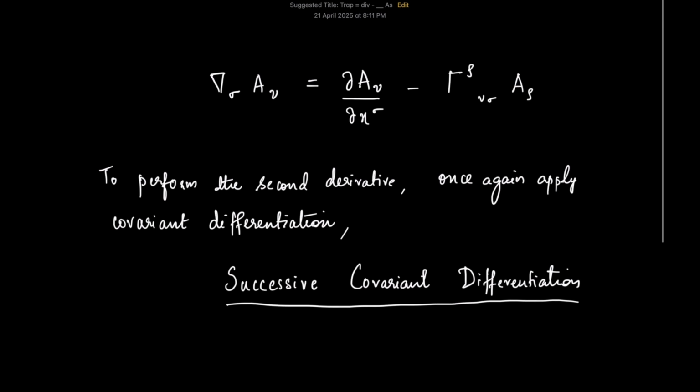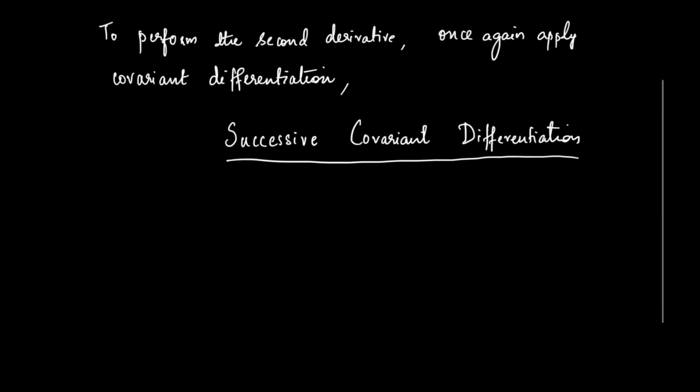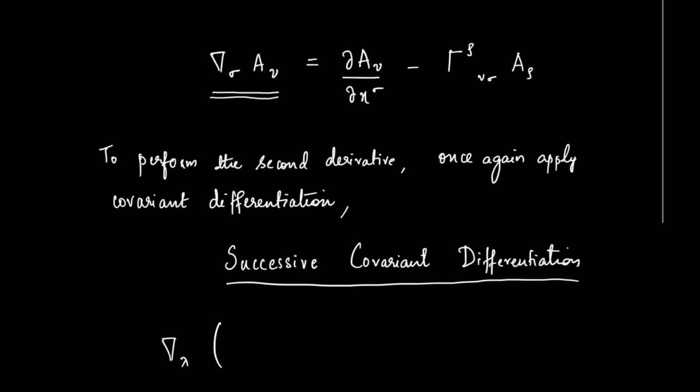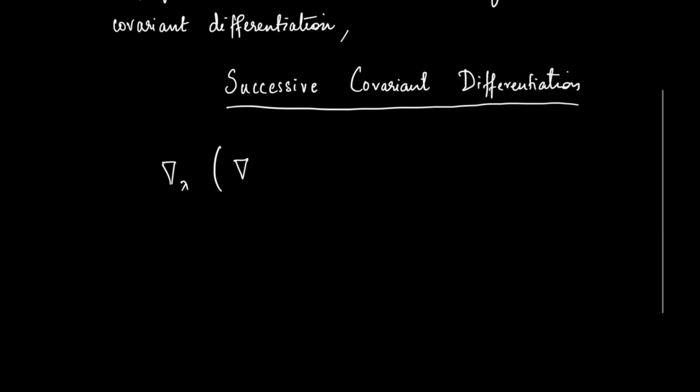So here I have taken the covariant differentiation with respect to sigma, right? Next I take the covariant differentiation with respect to lambda of this quantity, the covariant differentiation with respect to sigma of A nu.